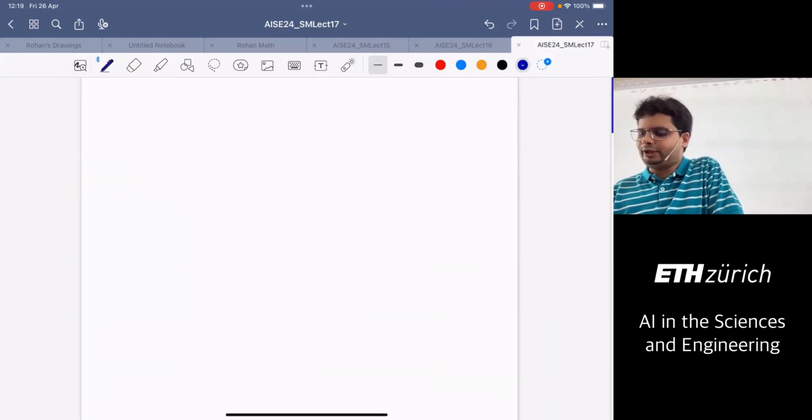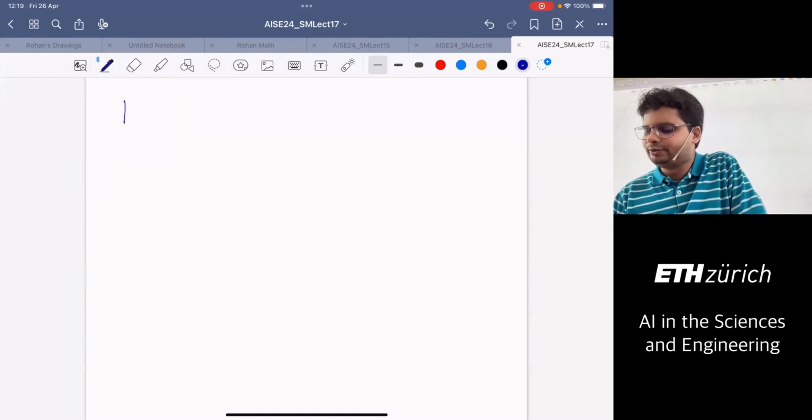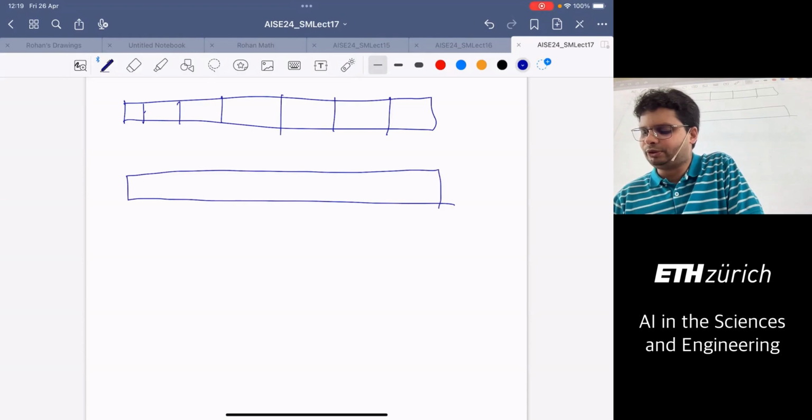In other words, you have these points, and you have what are called tokens or values at these points. Let's say that this is something like this. And then you have the same points again, because we want to indicate connections.